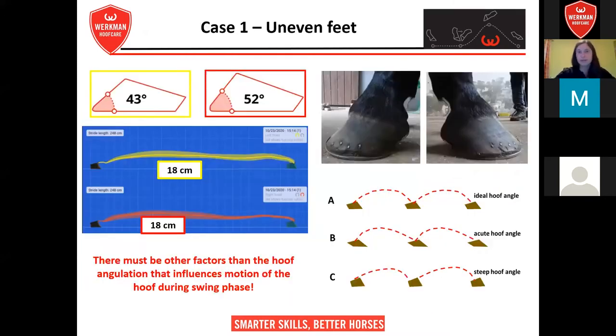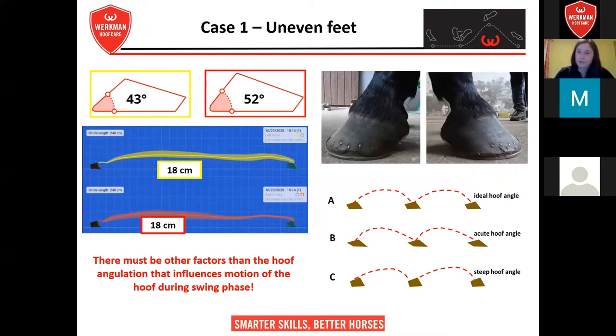And I brought again some cases, or at least two cases to start. Here you see a horse with uneven feet. We have an angle difference between left and right of 9 degrees, which is quite something. The background is that there was a theory that the hoof angulation is related to the motion of the limb during swing phase, to the flight arc in particular.